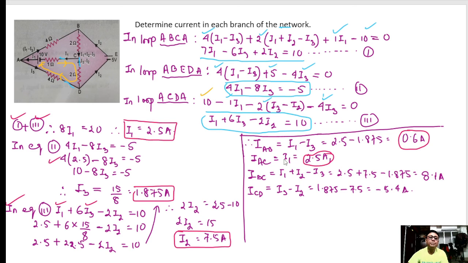In the branch BC, current flowing is I1 plus I2 minus I3, which is this. In the branch CD, the current flowing is I3 minus I2, which is this. That means in this way you can find out the current in every arm of the circuit, because we know I1, I2 and I3. Clear?